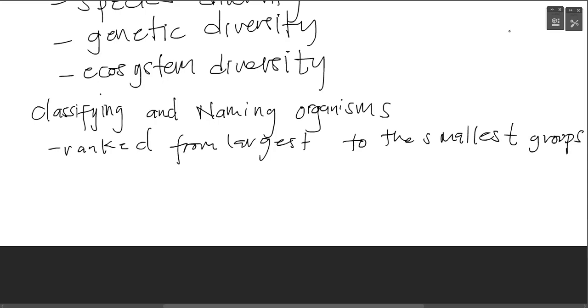A large group includes many organisms with few similarities.